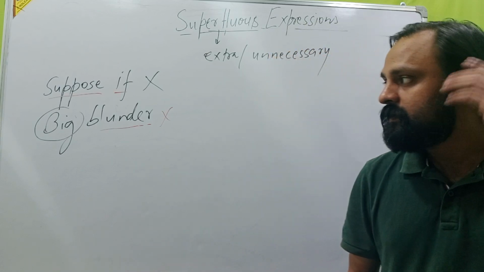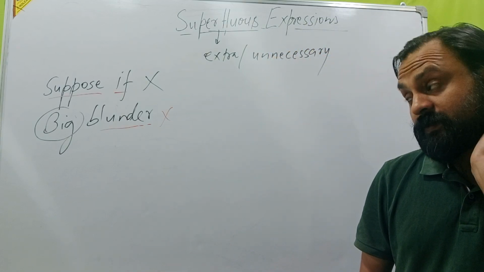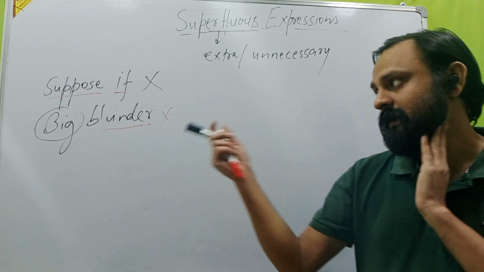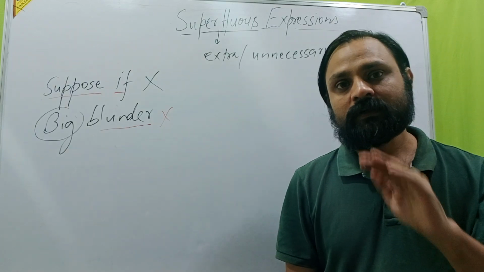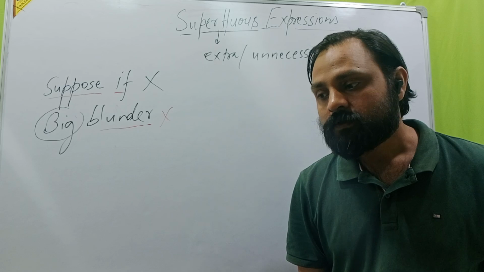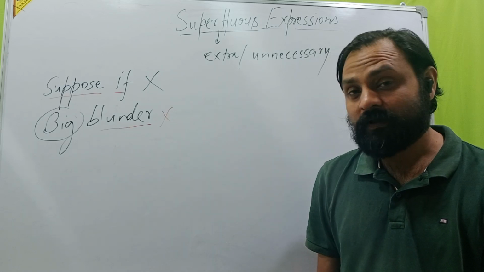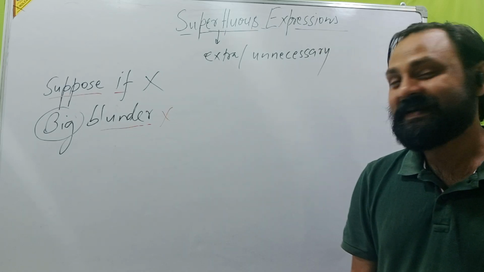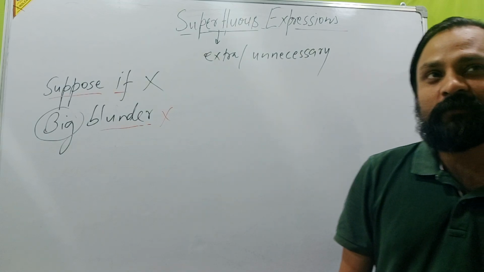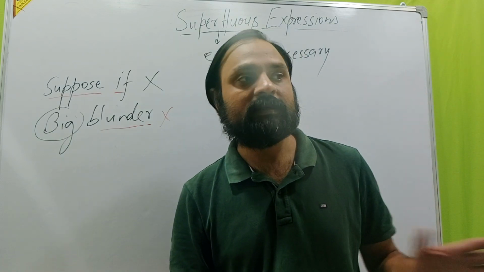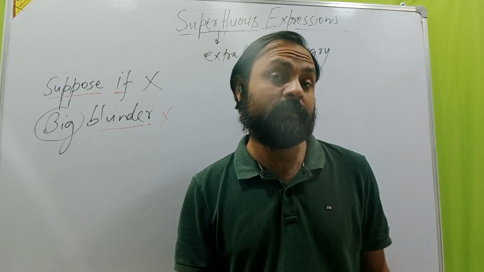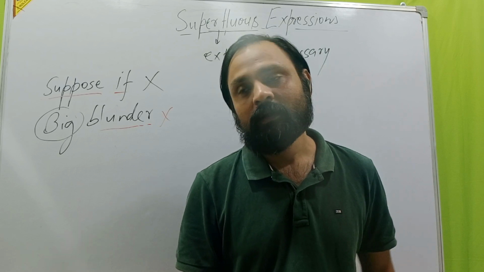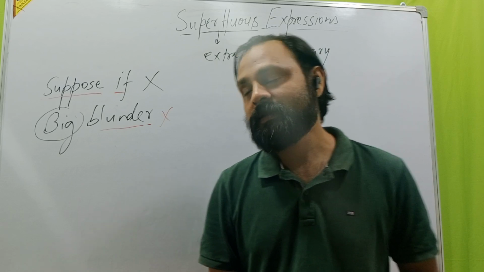We cannot say that it was a small blunder, and we can also not say that it was a big blunder, because blunder is already very huge. A blunder is a mistake. So you can say that it was a big mistake. So a big mistake is okay. So it was a very big mistake. That's also okay. But to say that it was a big blunder is incorrect.